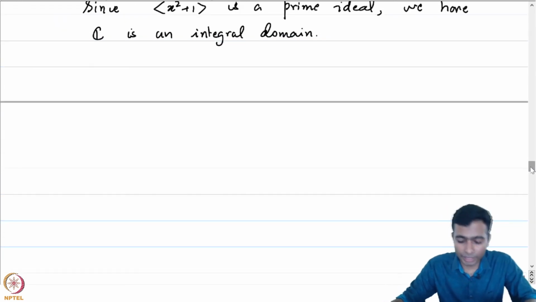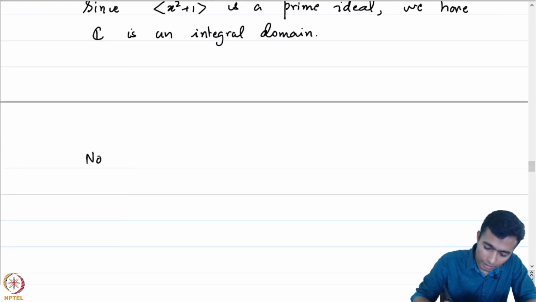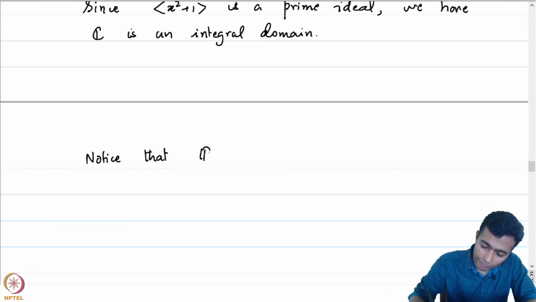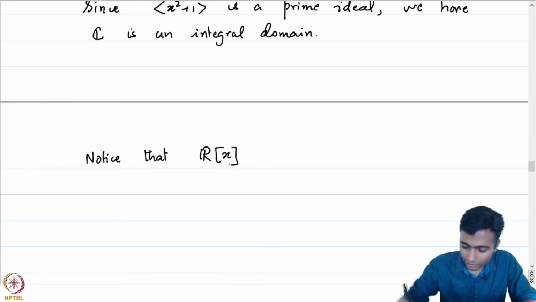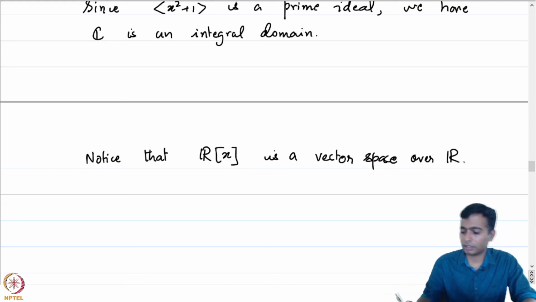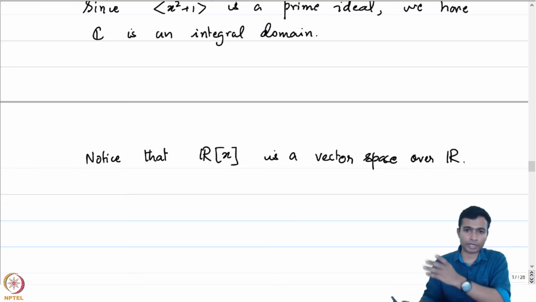But before we get into that, notice that R of x is containing R as a subfield, right? Containing R inside. There is a copy of R sitting inside it. So notice that R of x, because there is a copy of R in R of x, is a vector space over R, with generating set given by 1, x, x square, and so on.